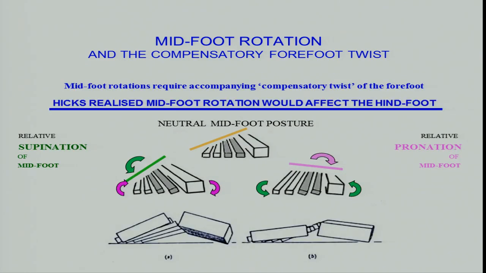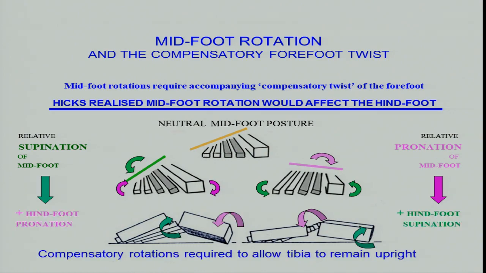Now Hicks realised that if you pronated or supinated the midfoot, then there would be some effect upon the hindfoot. So there we are, the midfoot is pronating on the right side and supinating on the left, and there would have to be some rotations in the opposite direction.